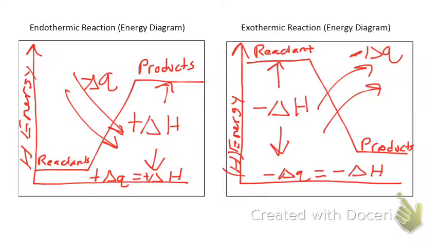So because exothermic reactions release potential energy, causing a potential energy decrease in the system, exothermic reactions are more favorable in nature. They produce a lower potential energy system. On the other hand, endothermic reactions increase the potential energy of the system, and so that's just not favorable.